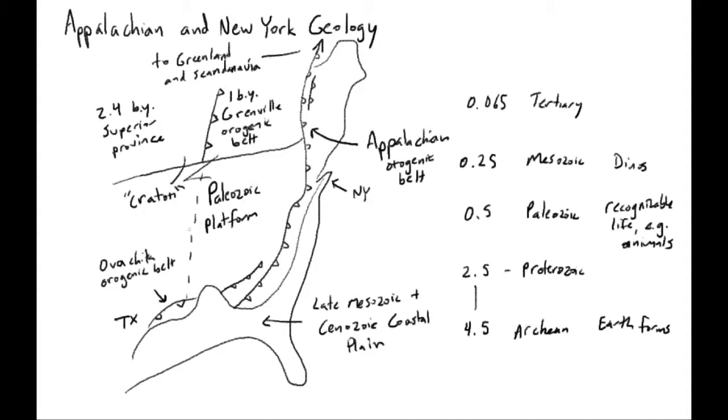The Paleozoic Platform is occurring, there'll be plenty of fossils and shells in these rocks. And then this coastal plain, these sedimentary rocks that overlie the Appalachian mountain belt, occurred during the time of the dinosaurs, since then.